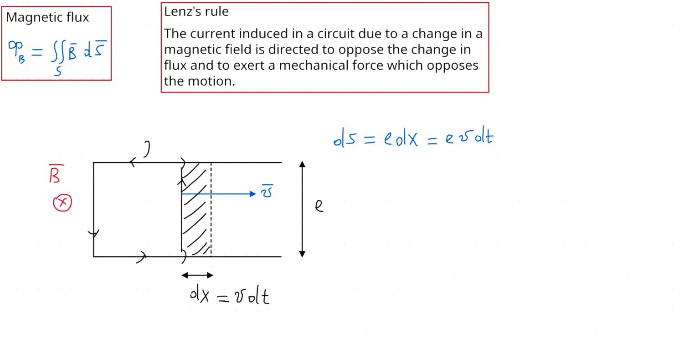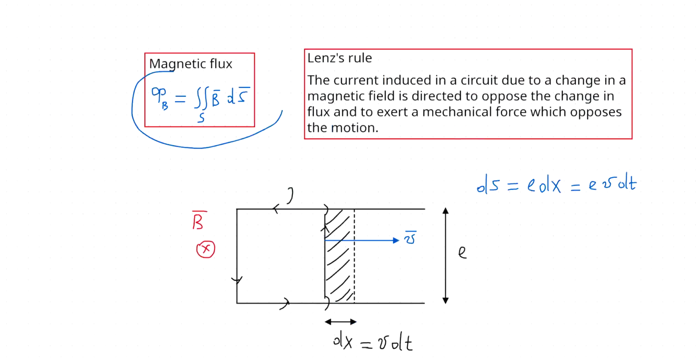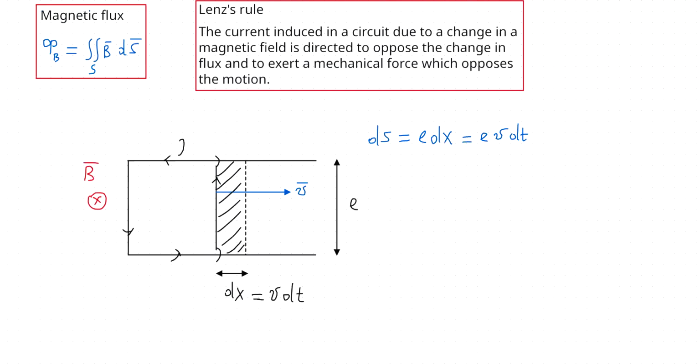But to define magnetic flux, we need not only dS, we need vector dS. How to define this? It may be done according to the right hand rule.